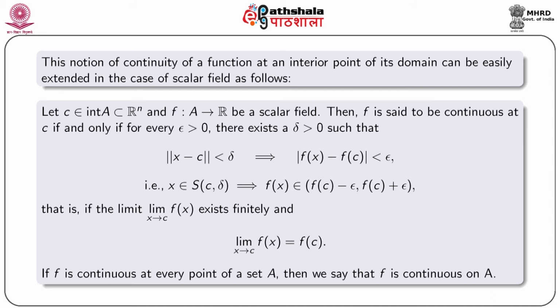That is, whenever x lies in the open sphere with center C and radius delta, f(x) lies in the open interval f(c) minus epsilon to f(c) plus epsilon. That is, if and only if the limit of f(x) as x tends to C exists finitely and equals f(c). If a scalar field f is continuous at every point of a set A, we say that f is continuous on the set A.